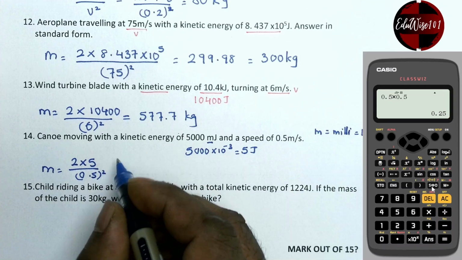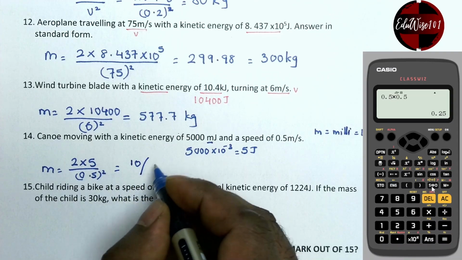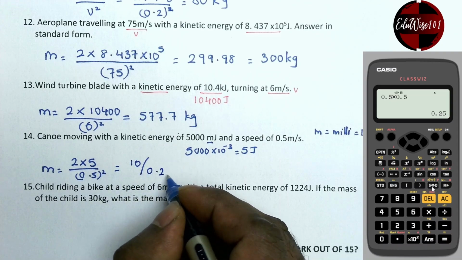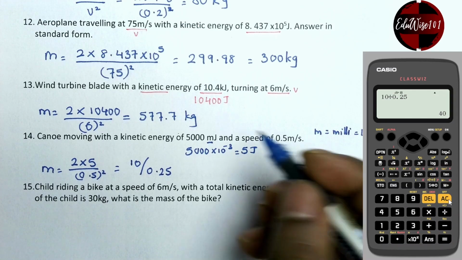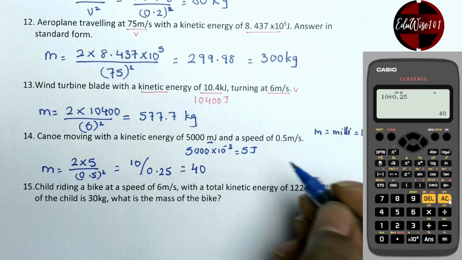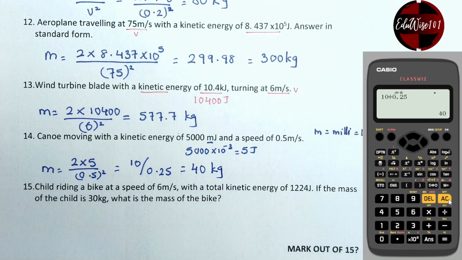Okay, so 10 divided by 0.25 equals 40 kilograms.